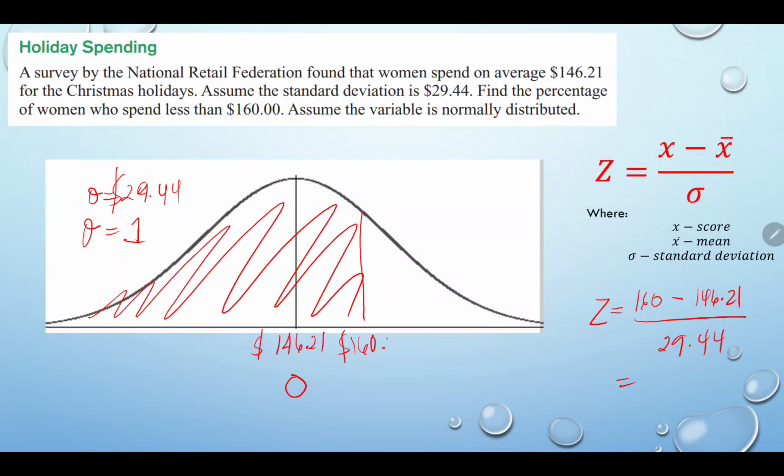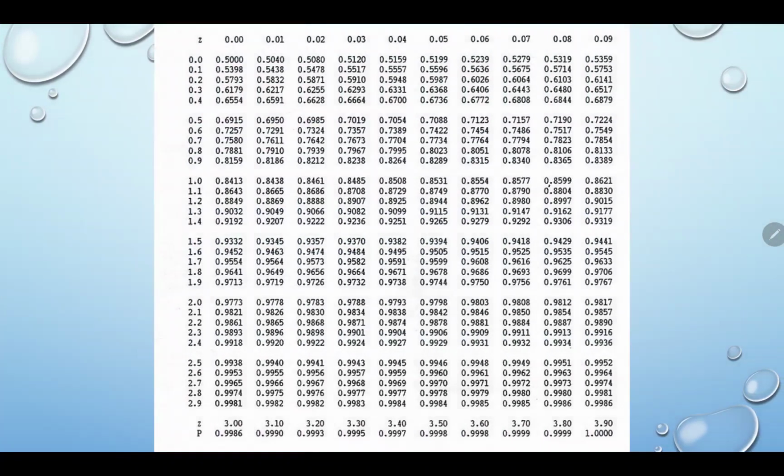If you compute that, it will give us 0.47. That is what we will look for. So our 0.47 is actually 0.6808.